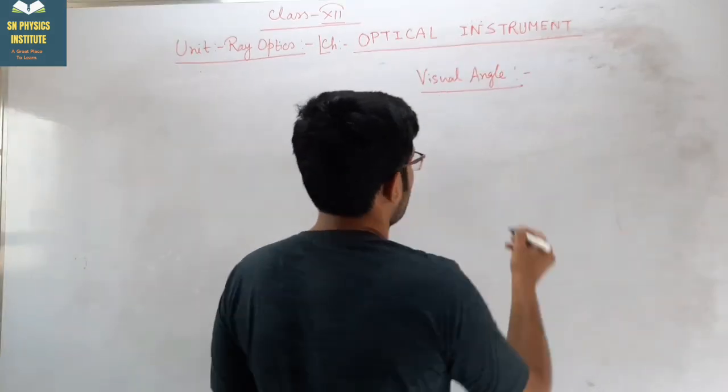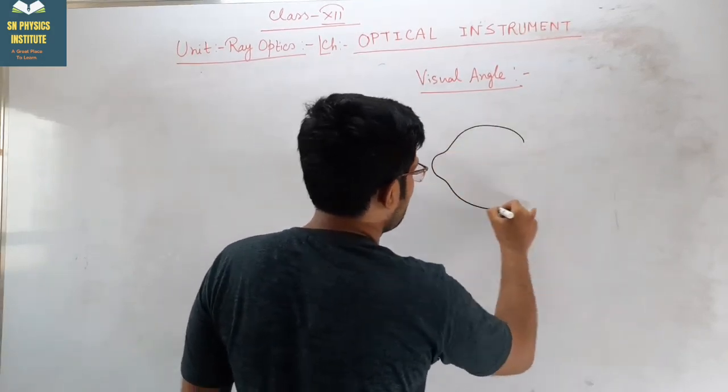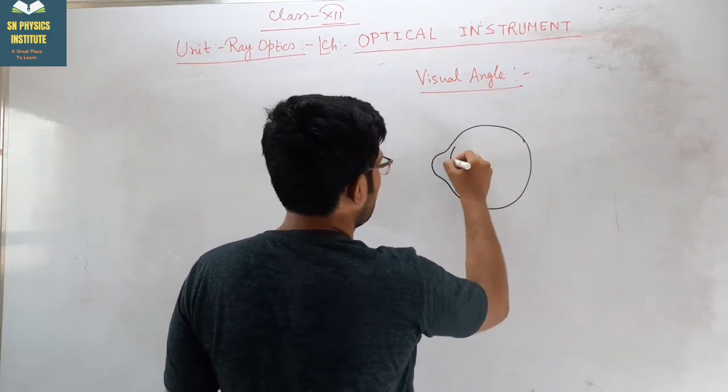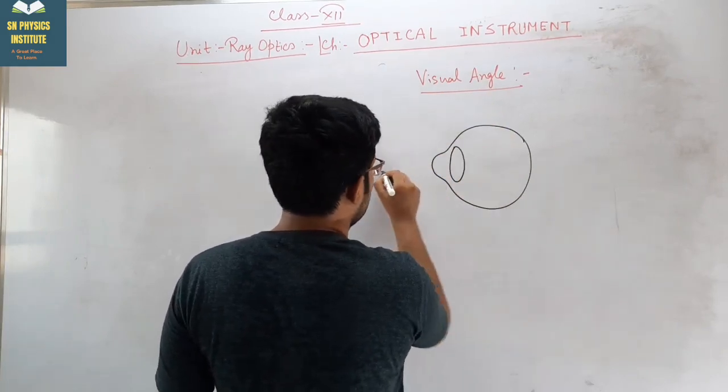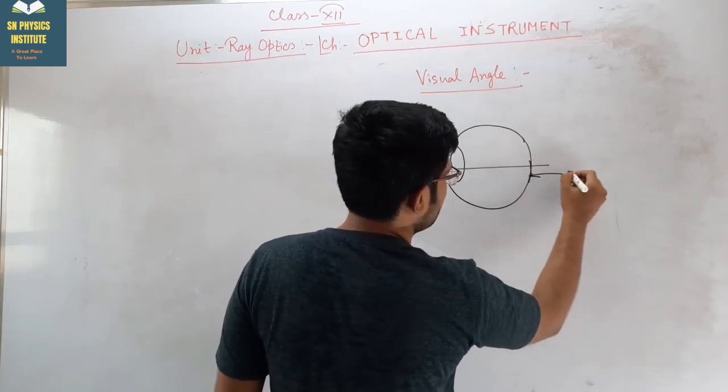If I draw the diagram here, this is our eye. This is the lens, and this is the retina, where the image is formed.